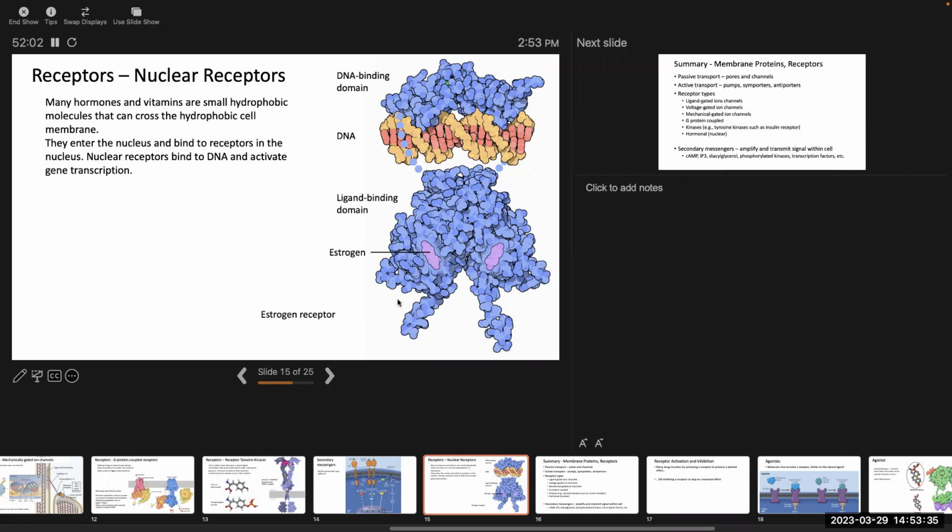But there are some molecules that actually can just diffuse across the cell membrane. These would be things that are nonpolar. So oftentimes these are things that themselves are lipids or are based on lipids. It turns out all of the steroid hormones are based on the structure of the cholesterol molecule, which is a lipid.